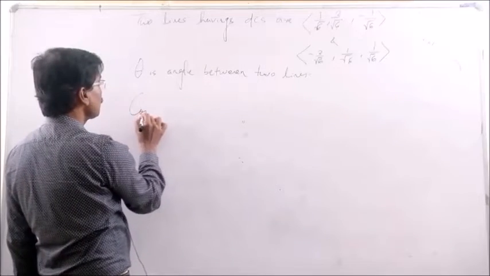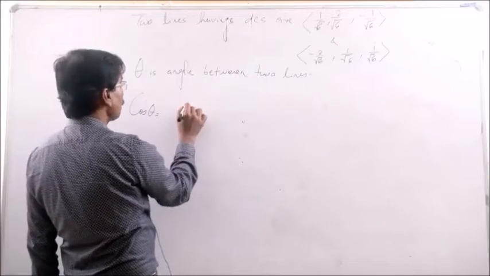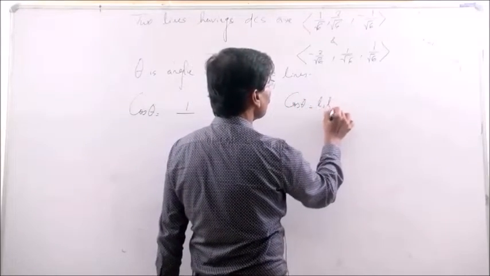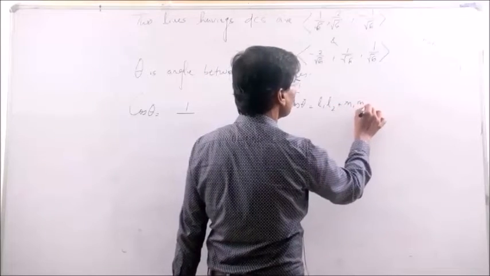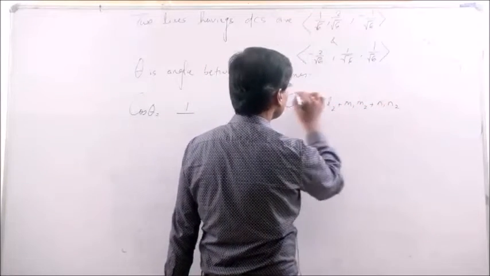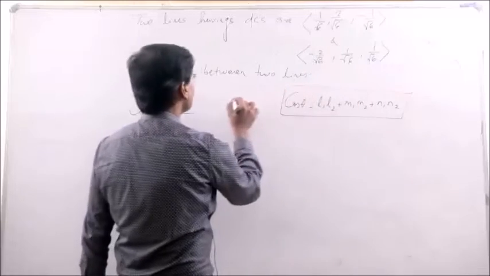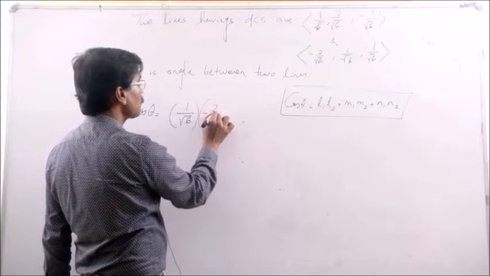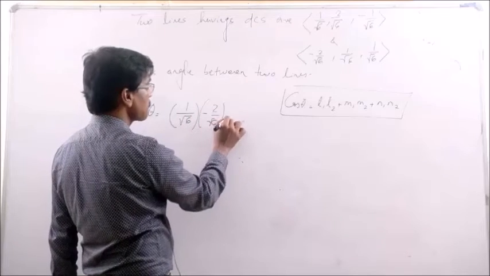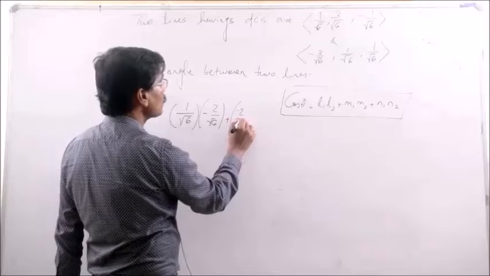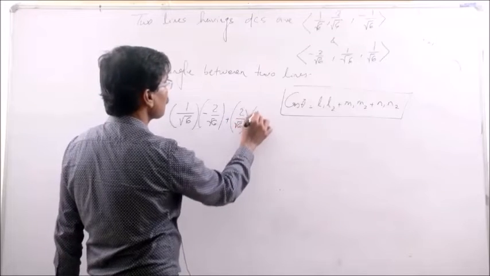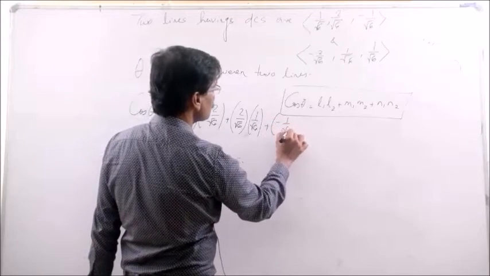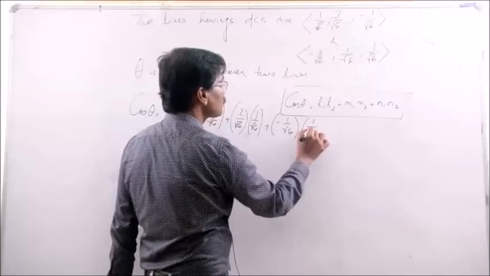then cos theta is equal to l1 l2 plus m1 m2 plus n1 n2. So that is equal to 1 by root 6 into minus 2 by root 6 plus 2 by root 6 into 1 by root 6 plus minus 1 by root 6 into 1 by root 6.